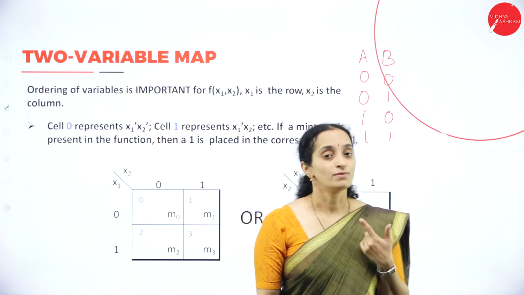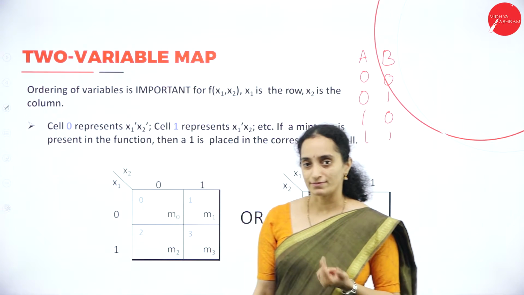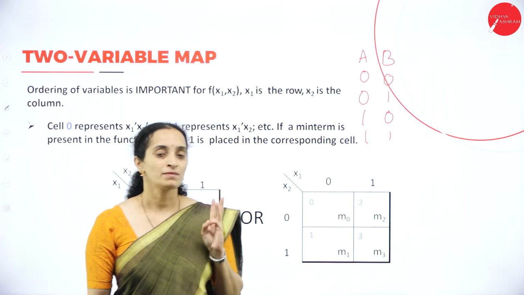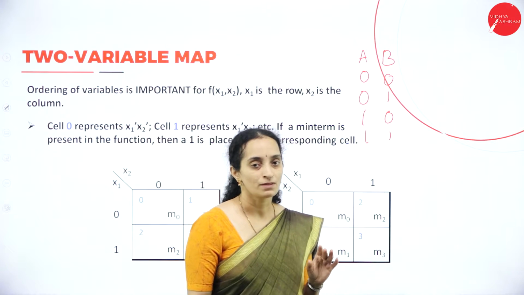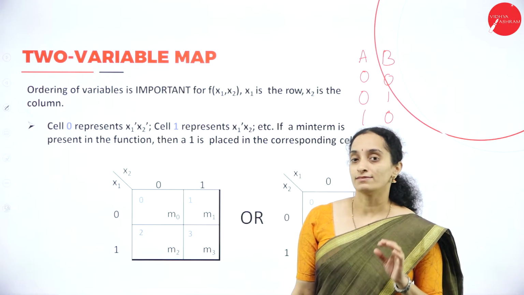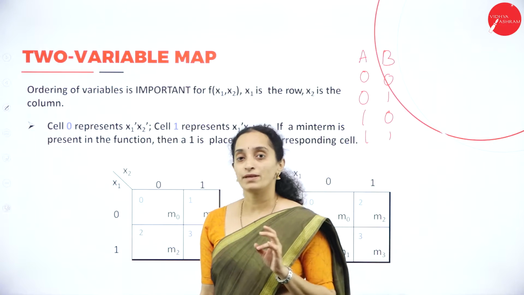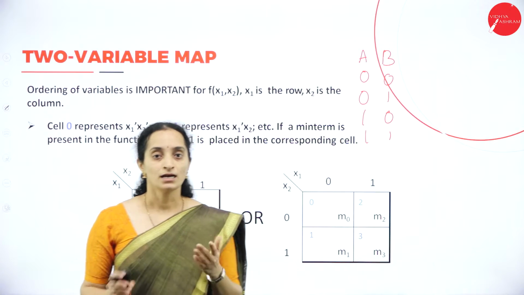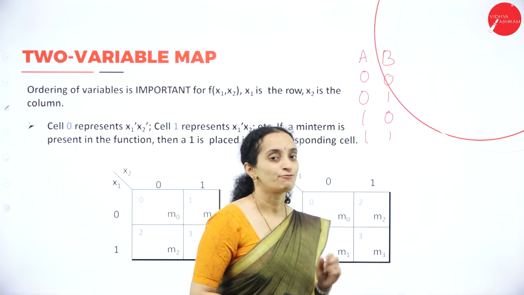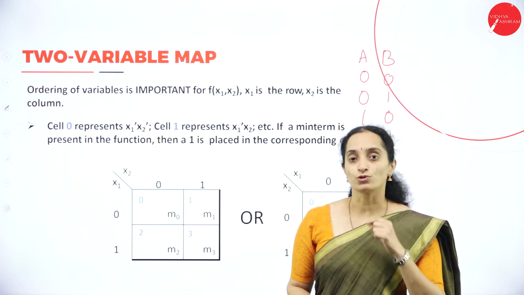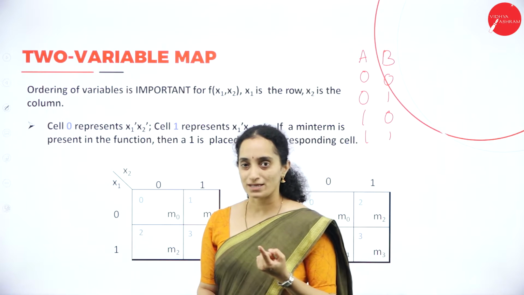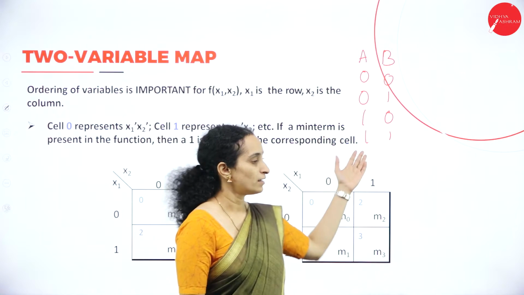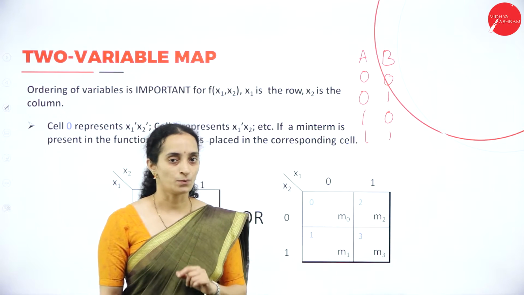Next function you can have is a function with 4 variables, maybe a, b, c, d or w, x, y, z or p, q, r, s, any name you can give. 4 variables will have 2 to the power of 4, how many combinations? 16 different combinations of 0 and 1.